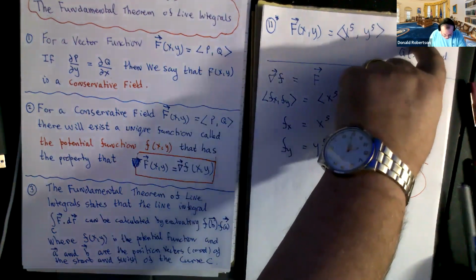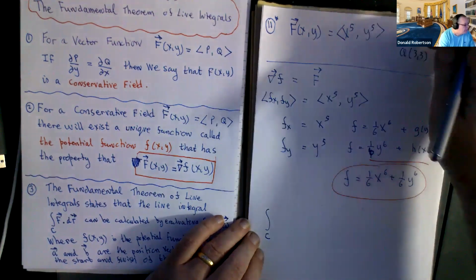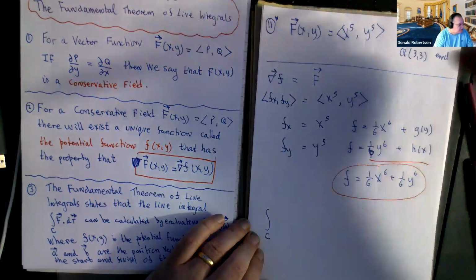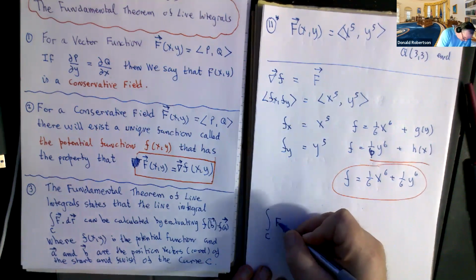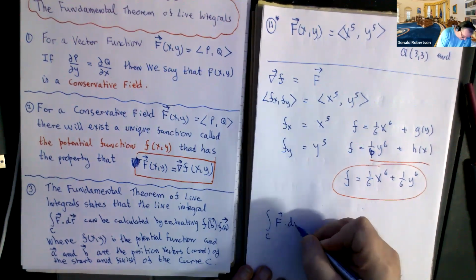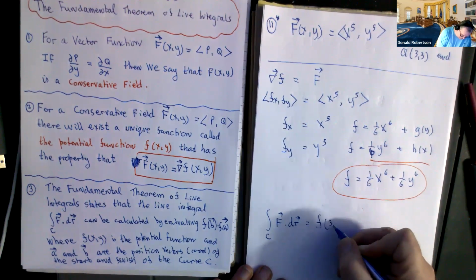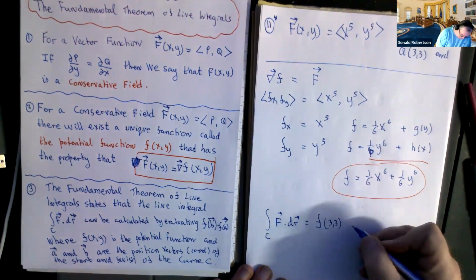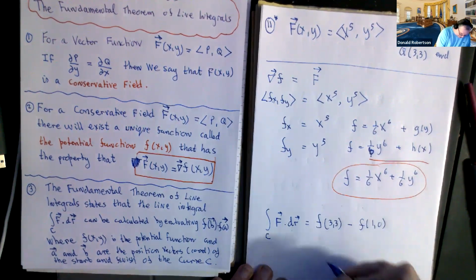Now, since we know the start and finish coordinates, let's get the line integral over this. It was a curve joining P to Q, or who cares, because it won't really matter how you got from P to Q, because it's only the start and finish coordinates that actually matter for a line integral that comes from a conservative field. So it's going to be the value of the potential function at the end, minus the value of the potential function at the beginning.